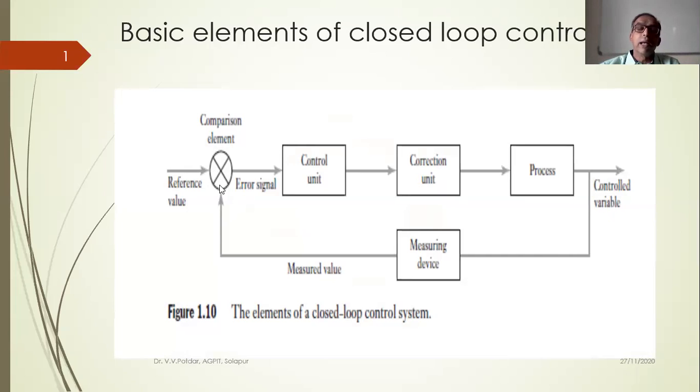If there is a negative sign, what happens? The feedback value is subtracted from the set value. That is the meaning of negative feedback. It is shown by a negative sign in this quadrant. And if a positive sign is there inside this quadrant, I'll call it positive feedback. Both types of feedback are used depending on my requirement and need.